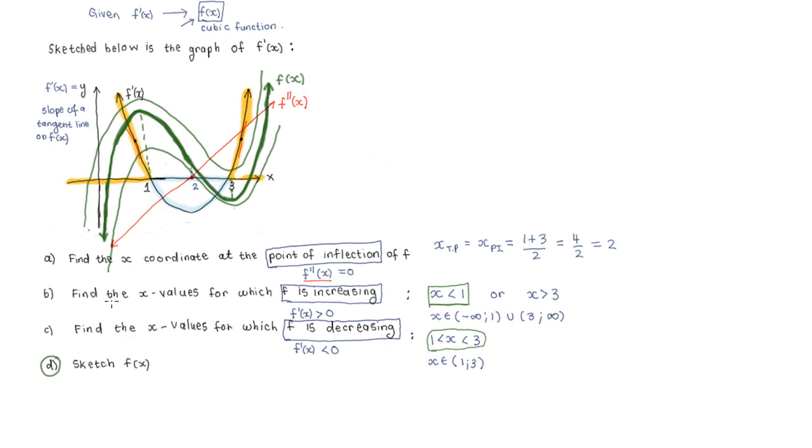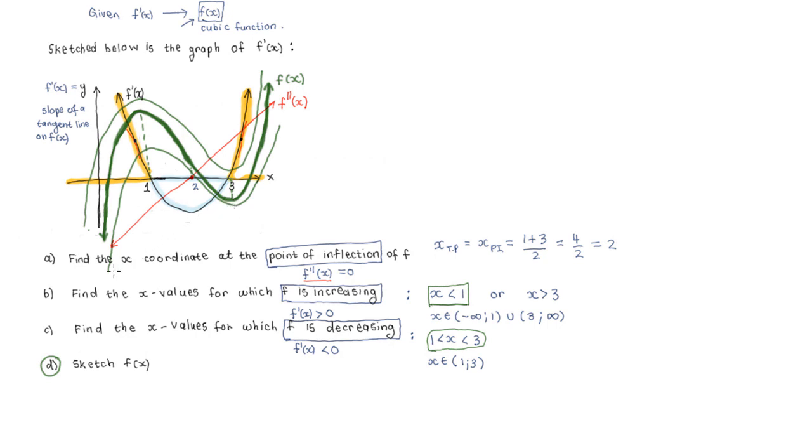So how you get marks for sketching f of x is firstly the shape, so the shape here would have to be correct. In other words, it starts from the left hand side and increases towards 1, then decreases, then increases again. You would get a mark for the shape of the graph. You would get a mark for correctly assigning the proper stationary points: at x equals 1 you have a local maximum, and at x equals 3 you have a local minimum.